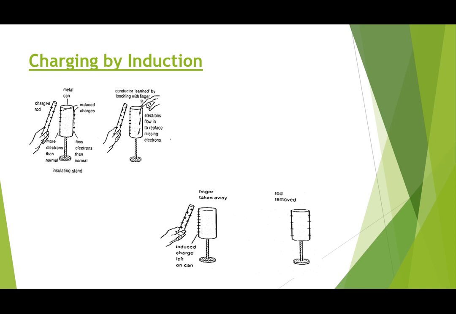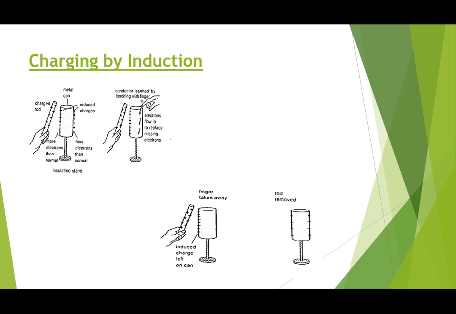After separating the charges, we have to earth the metal can. Earthing the metal can means we have to connect the can to the ground. We can use a conductor to connect the can to the ground, or we can just touch the metal can. Then the electrons are transferred from the ground to the can, and it will neutralize that positive charge.